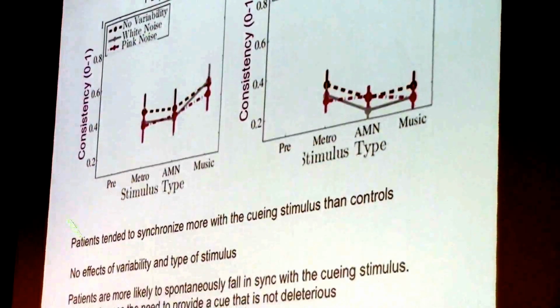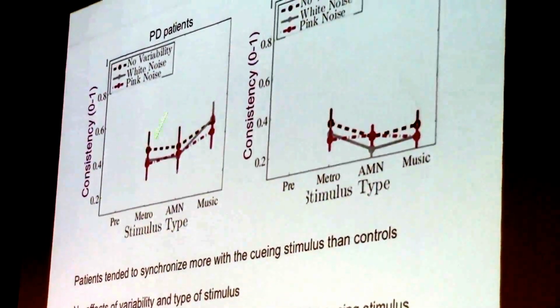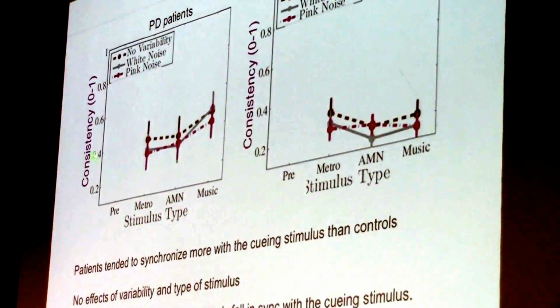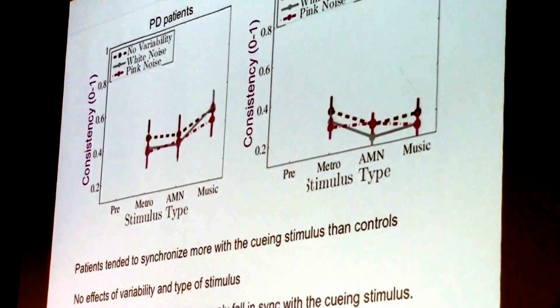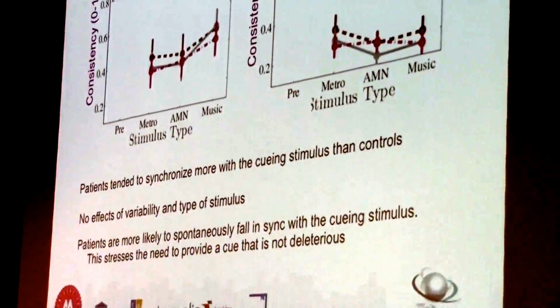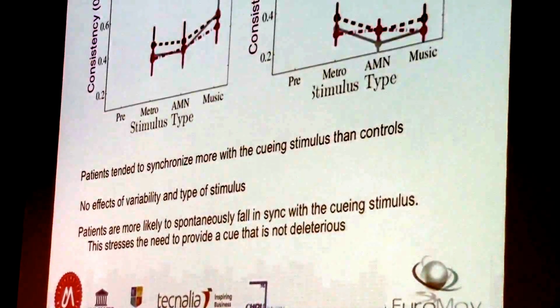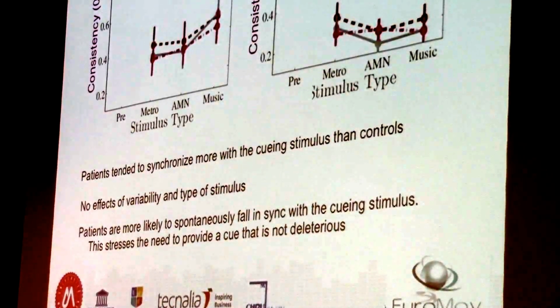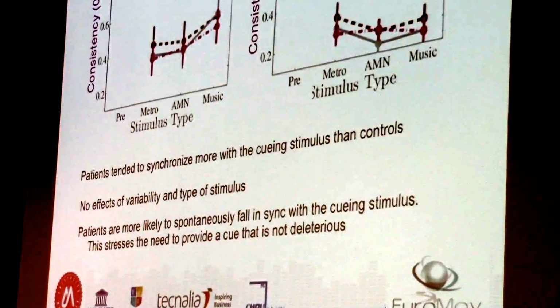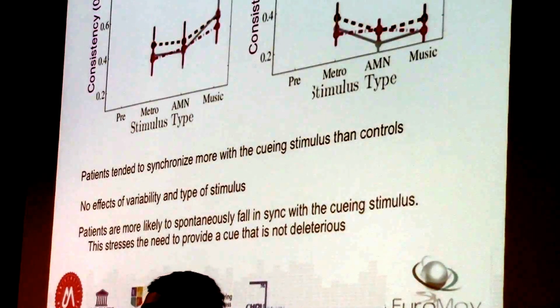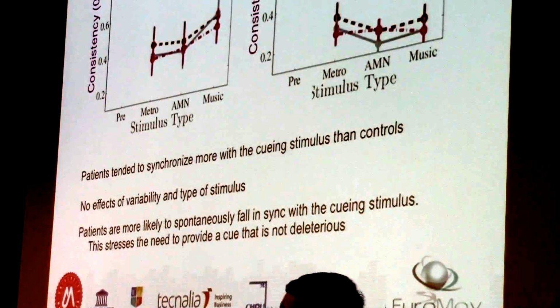And what we find is that first, patients tend to synchronize more than the controls. And again, there are no differences among the different conditions. So there's only a group effect here. The fact that they synchronize more is kind of interesting for us, and it's important because we have to think about when we go to the clinicians and tell them, should I instruct the patient to synchronize on purpose, or should I tell them to not synchronize?